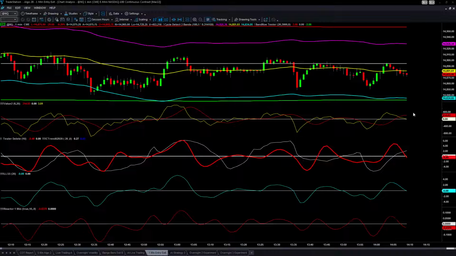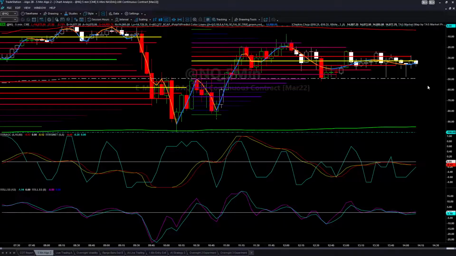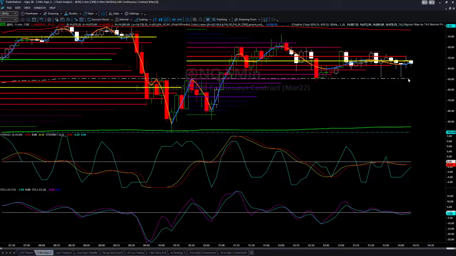Boom. There you go. That's where we're at right there, guys. Look. Straight up consolidation. Sideways trading. Hour and a half worth.